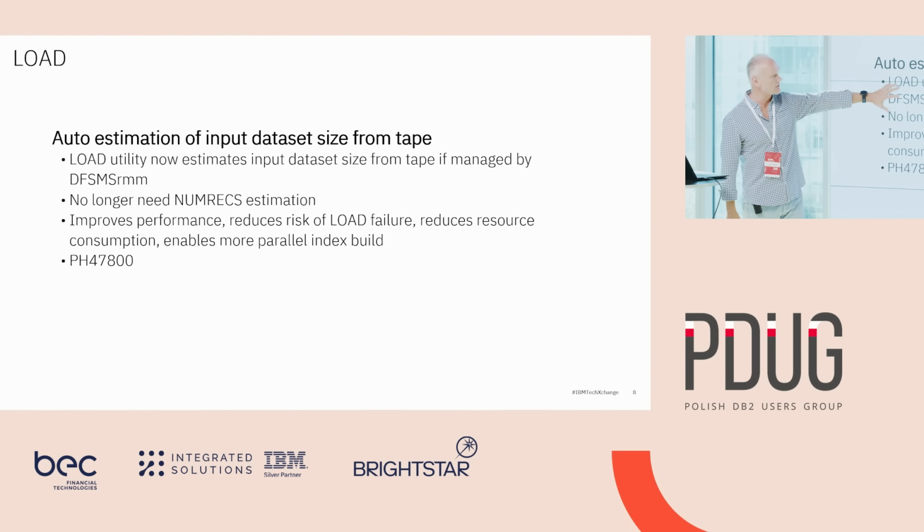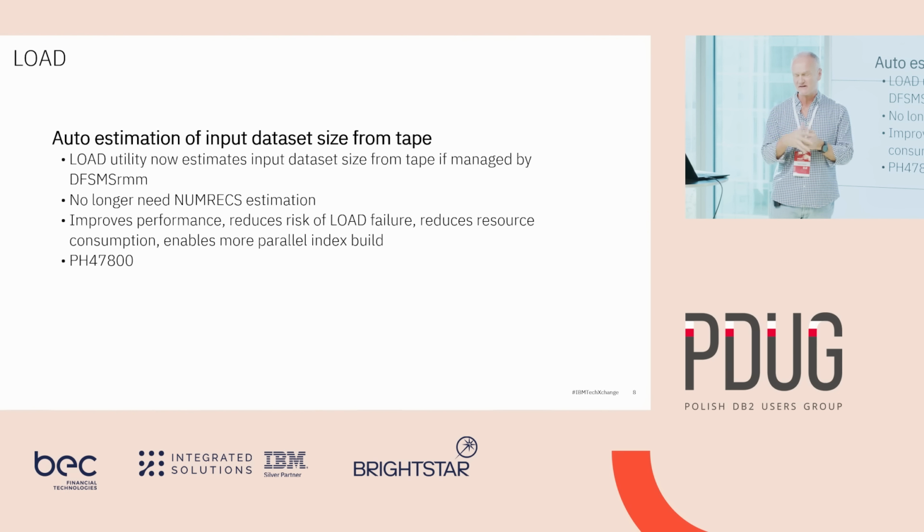Next one, auto estimation of input dataset size from tape for the load utility. So the load utility uses work data sets, right? Sort work data sets for sorting of index keys, for example.